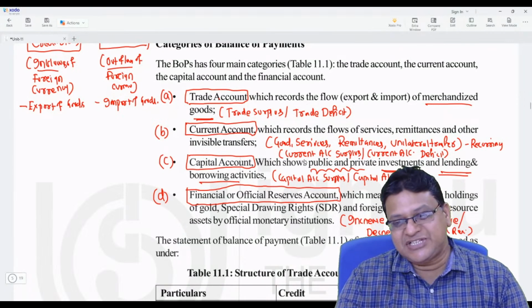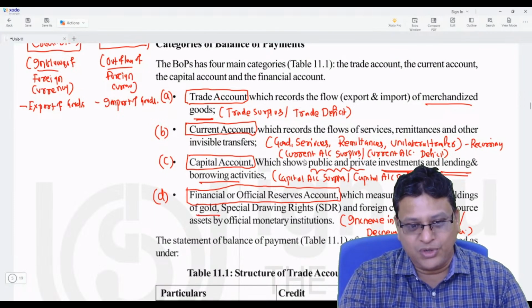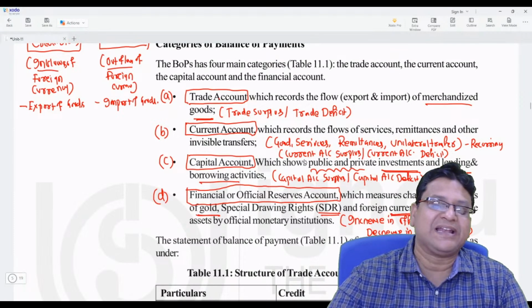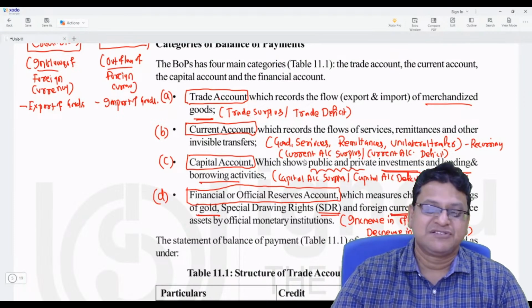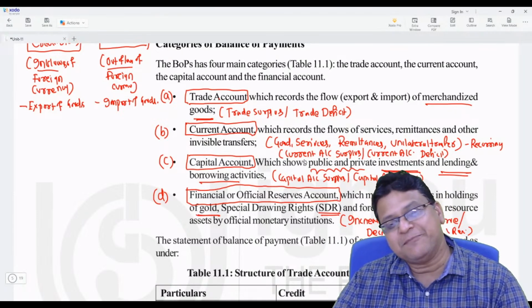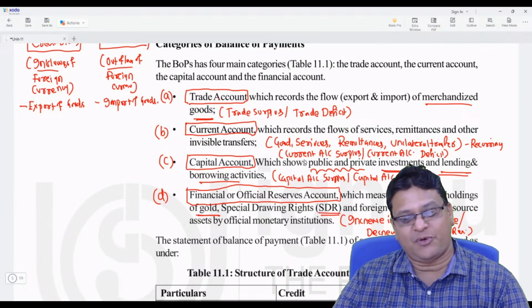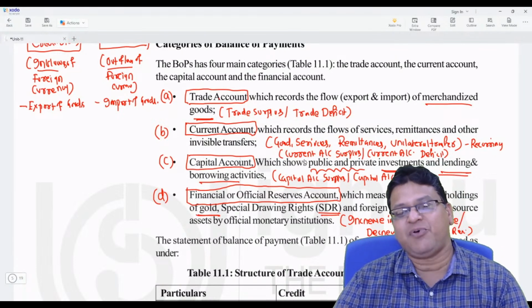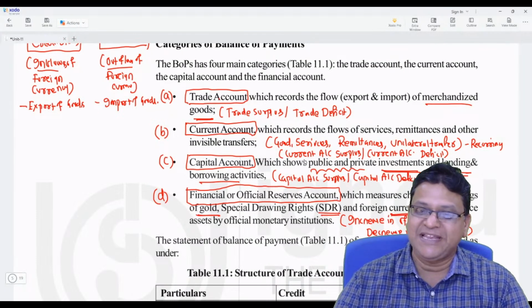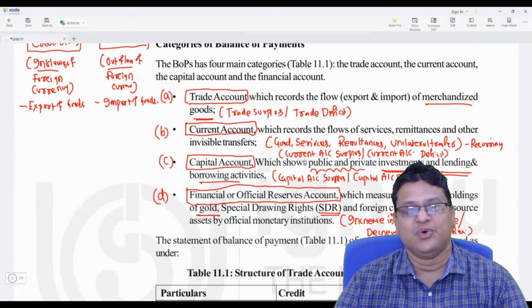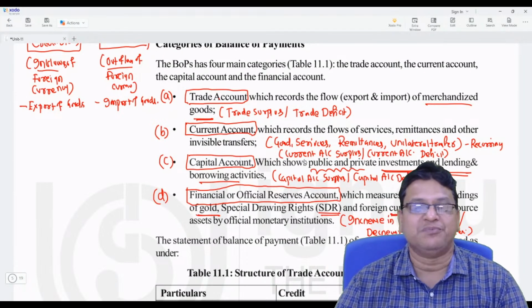The official reserve are kept in form of gold, in form of SDR, and in form of other foreign currency. SDR means special drawing rights. It's the unit of account of IMF. So you can keep your official reserve either in gold or in SDR or in foreign currencies. There can be increase or decrease of official reserve due to BOP surplus or BOP deficit.